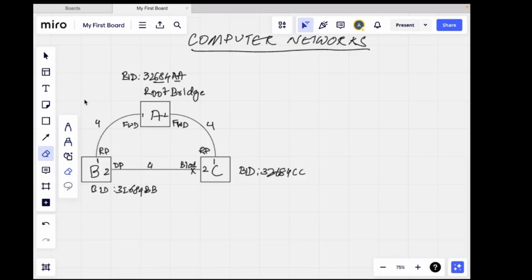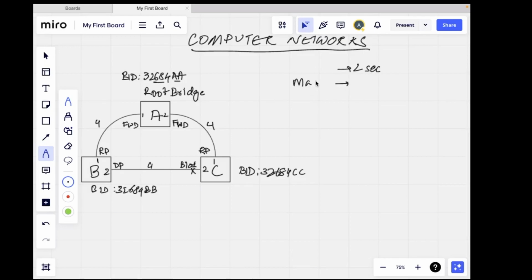Now one disadvantage of STP is that the root bridge keeps sending hello messages to say, okay, I'm still active, my links are active, so please do not break the connection with me, my connection is up. The hello time over here is, I think, 2 seconds. Then there's something called max age.